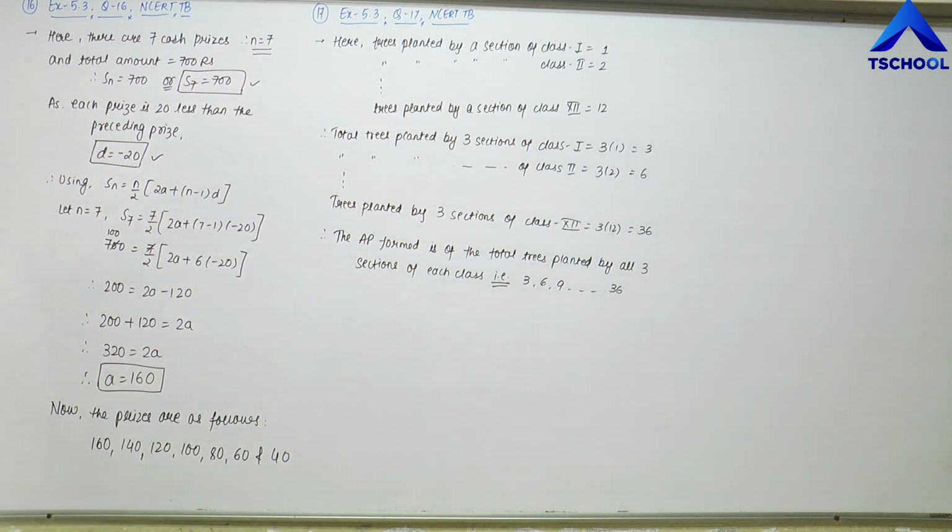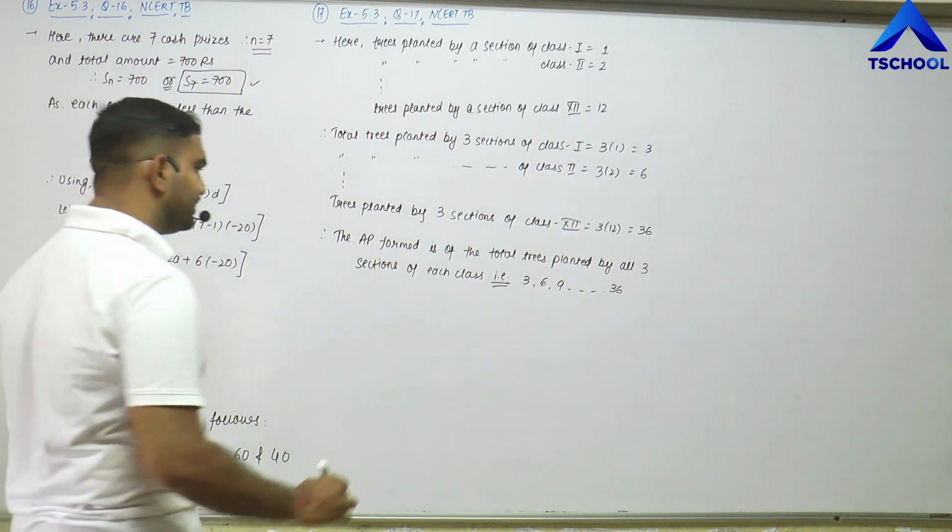It goes like this. So the AP is formed here, that is 3, 6, 9 up to 36.